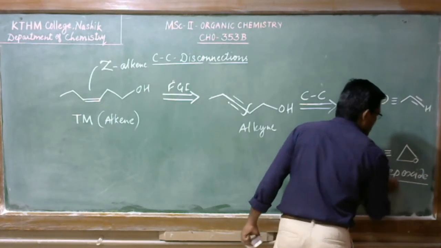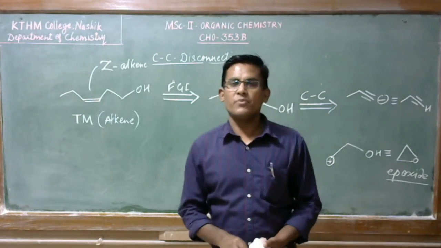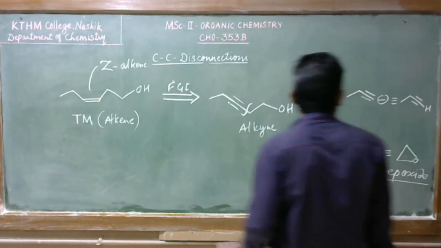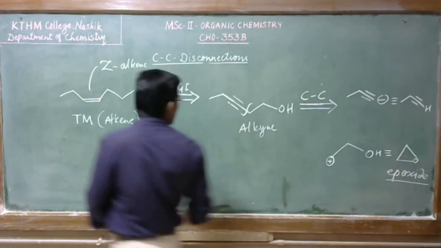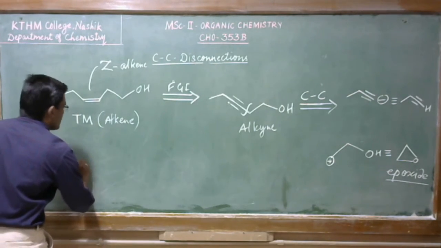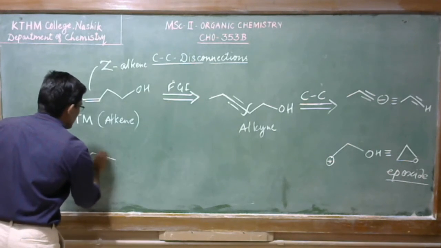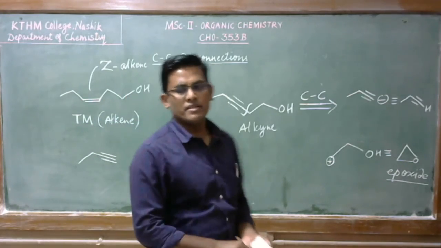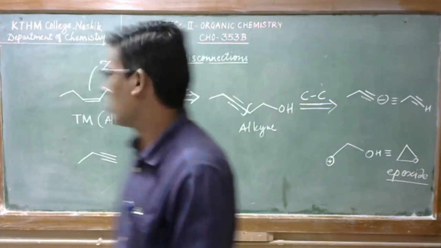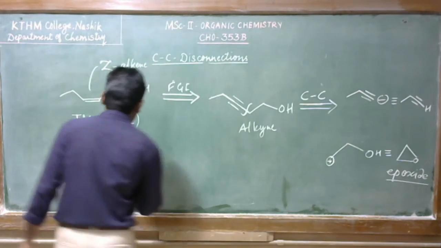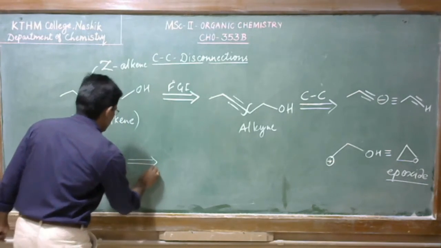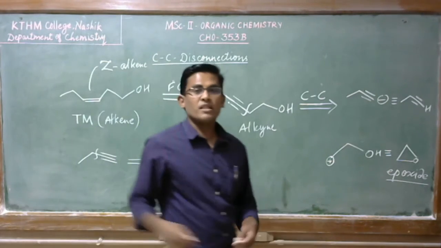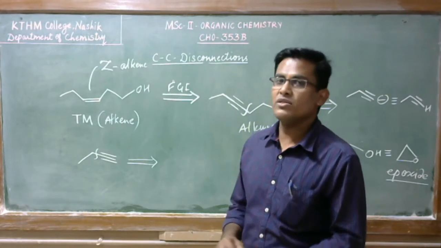This epoxide is a good electrophile. So now we have this substituted alkyne. Further we can disconnect this bond, since this substituted alkyne can be derived by using a substitution reaction.